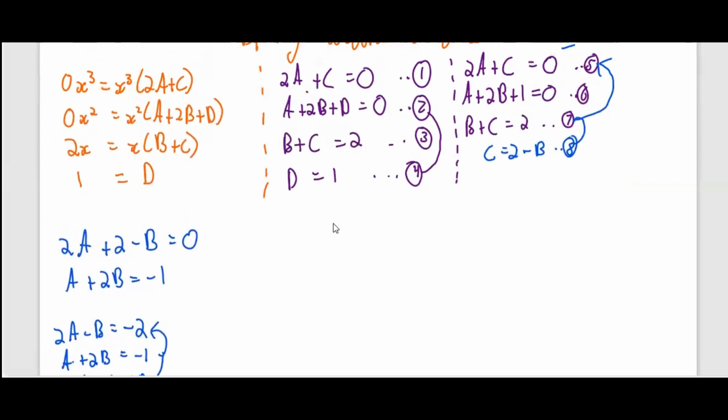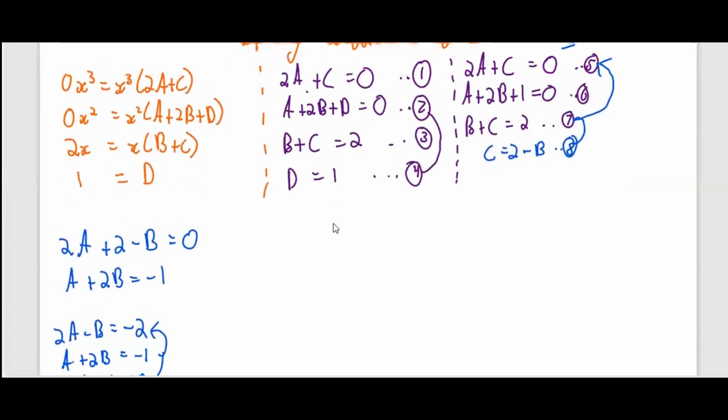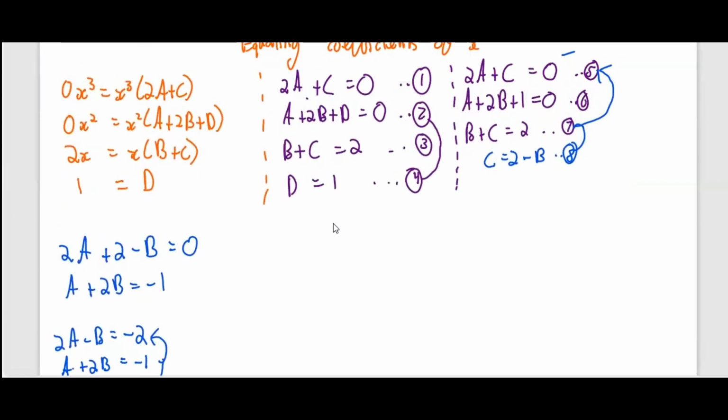So since we have b now, we can actually get everything else that we wanted. Yeah. So we have b, we're looking at these equations here now. We have b as 0, so we could plug it in. Substituting b equal to 0 into 3: 0 plus c is equal to 2.